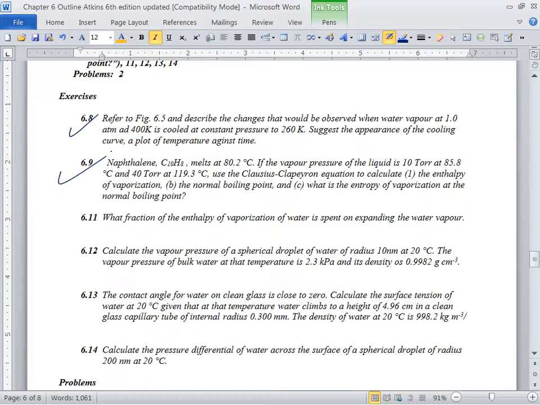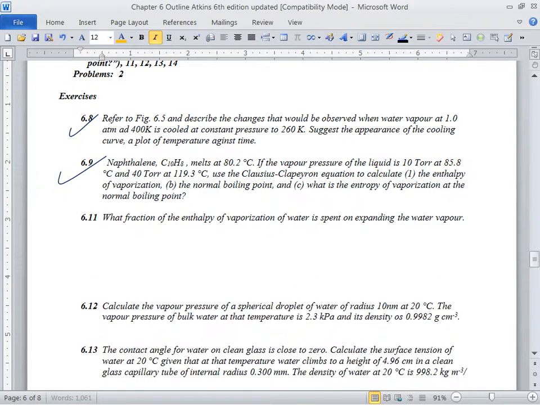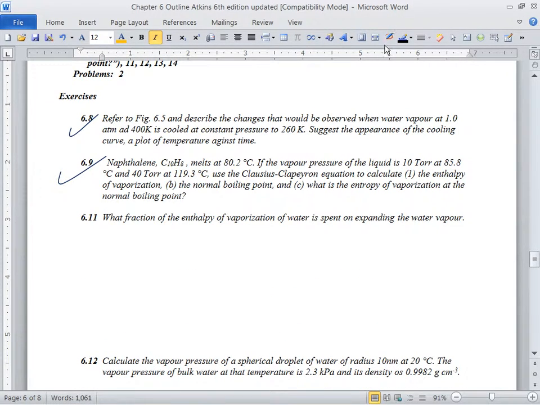What fraction of the enthalpy of vaporization, now I think we're getting into something that's a little more interesting here we haven't seen. What fraction of the enthalpy of vaporization of water is spent on expanding water vapor? So the fraction would be, what would be in the denominator of this fraction?